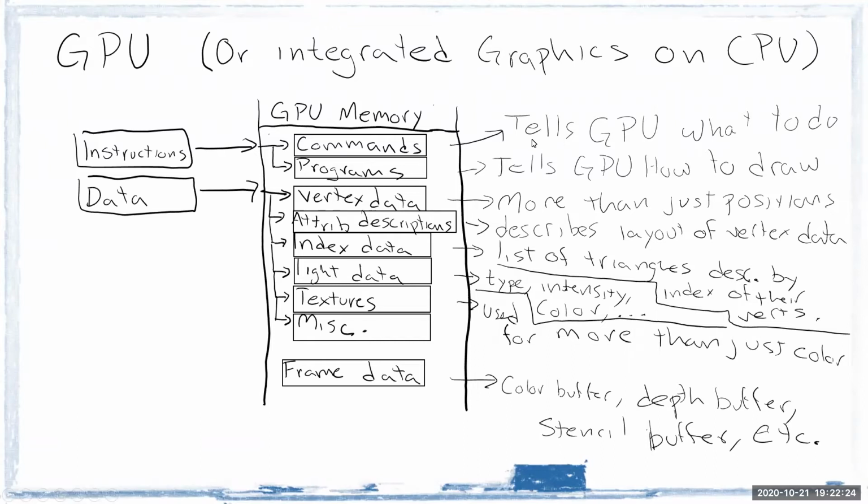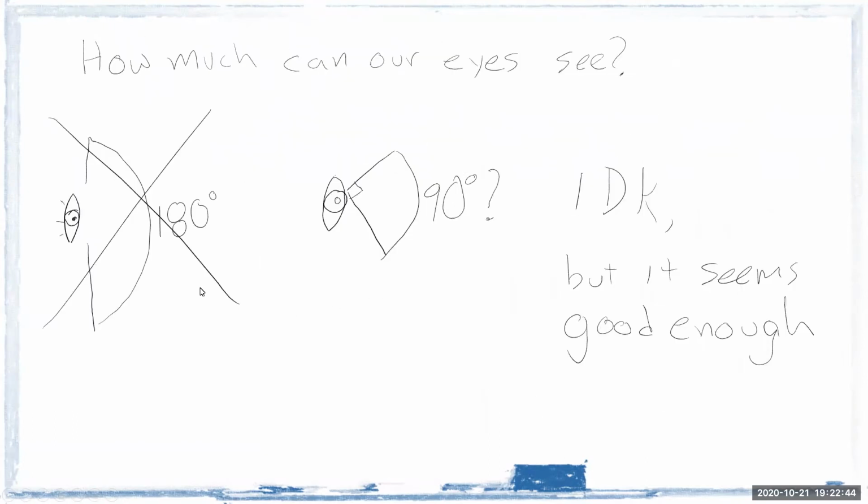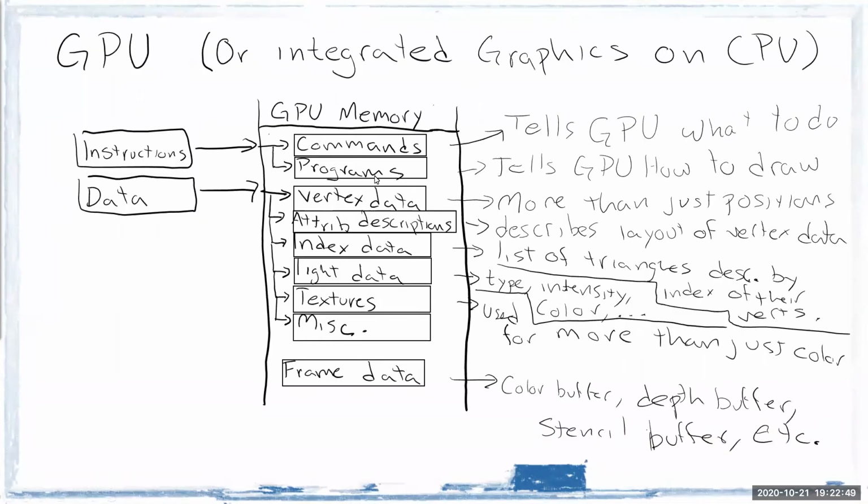So they set up state. They tell the GPU in what order to do certain things, and how to associate the data we're about to give it. And then programs tell the GPU how to draw the data that we give it.